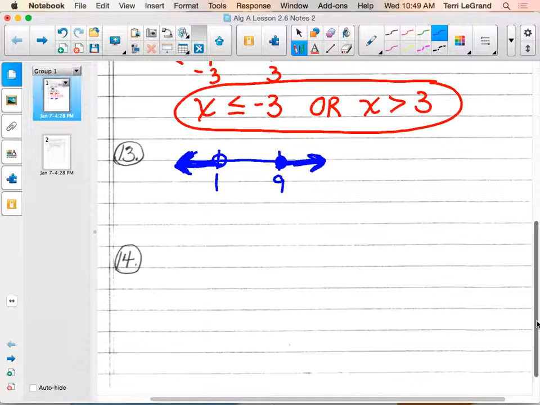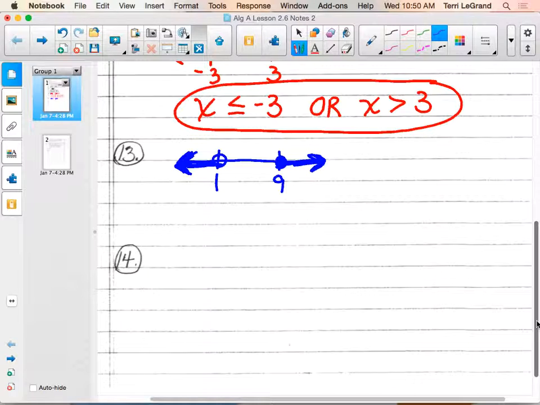And by the way, you get to pick whatever variable you want to use. So if you look in the back of the book for an odd number problem like this and they don't have X, they have C instead, would that be wrong? No, you get to pick any letter you want to represent the unknown.